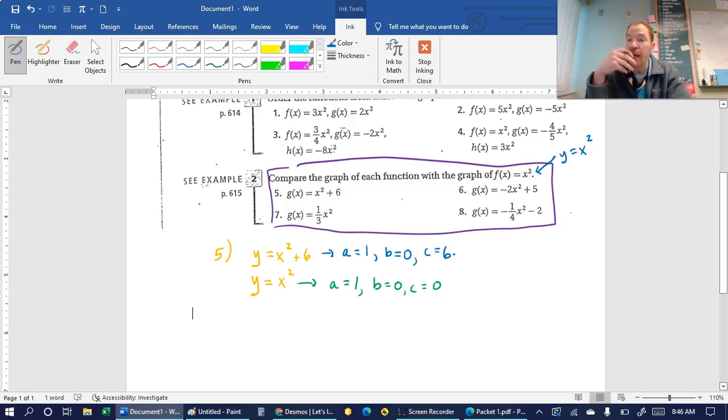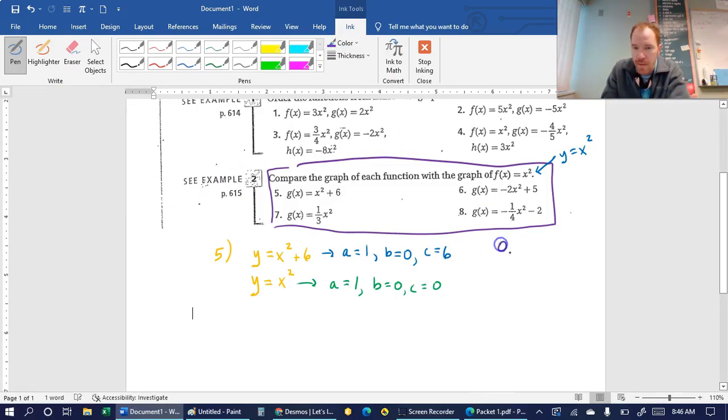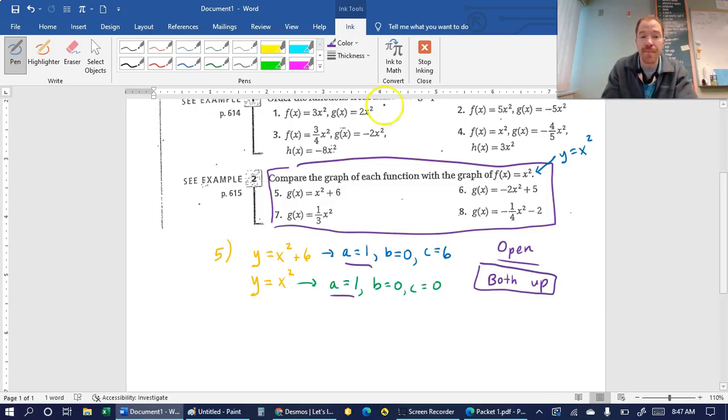Now if we talk about how both of these open, we're looking at the sign of a. They have the same value for a, so they're both going to open up. They're both happy parabolas here.